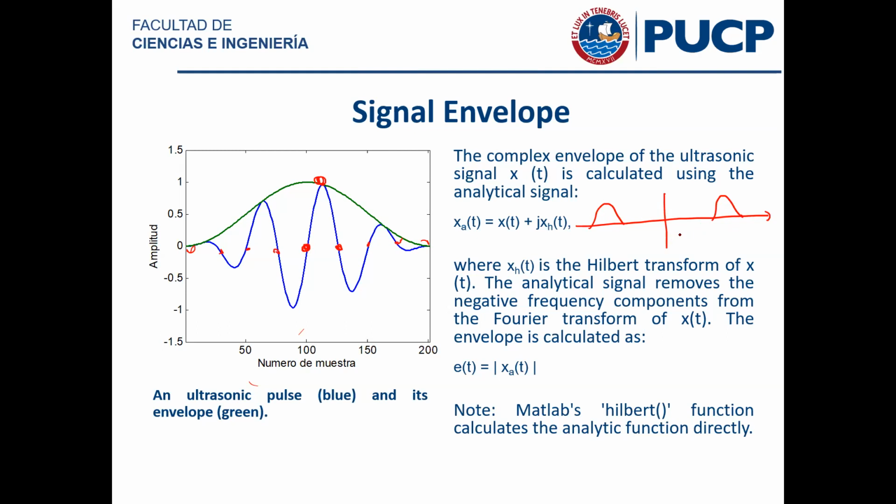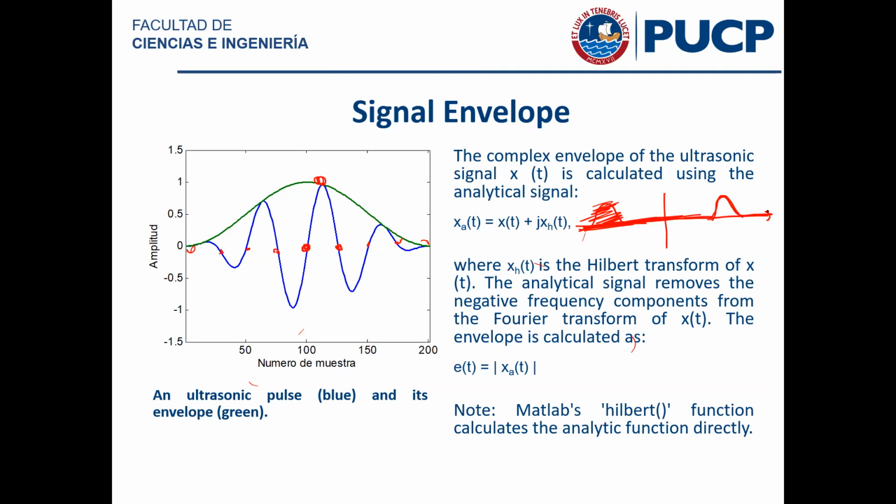That would be a direct consequence of the signal being real. It has to happen that way. So what the analytic signal does is completely negate this. It will give you a signal whose Fourier transform only has the positive frequencies. Everything else is set to 0. So it will give you a complex signal, because in order for the spectrum to be asymmetric, the signal has to be complex.